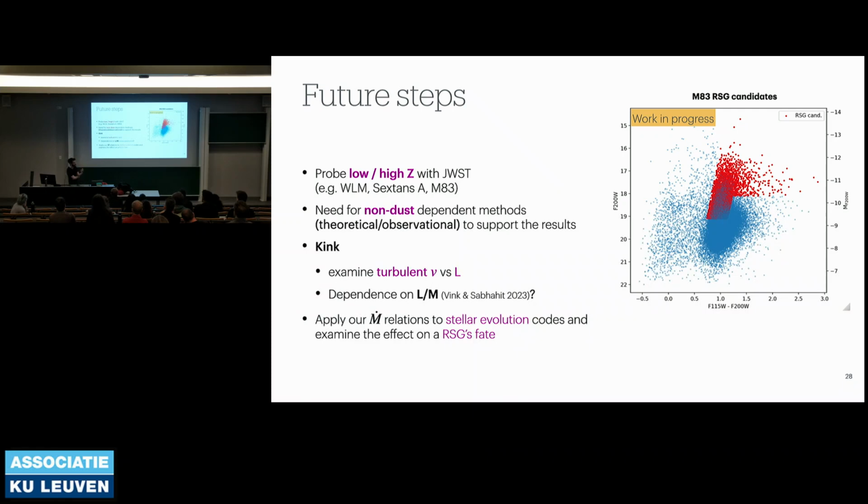I'm doing the photometry, getting the images from these galaxies. And now these are some preliminary results, let's say, a color magnitude diagram, and a rough estimation of the population of red supergiants there in M83. So probably within the next week I will also have some mass-loss rate results from these.